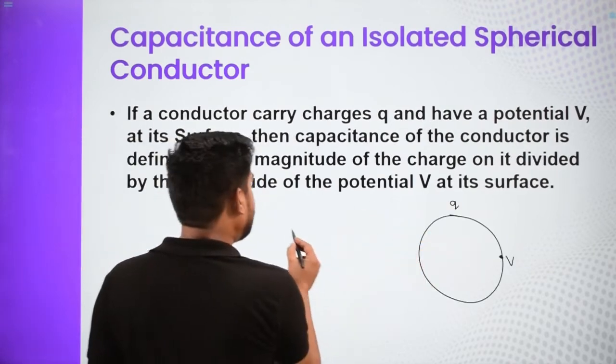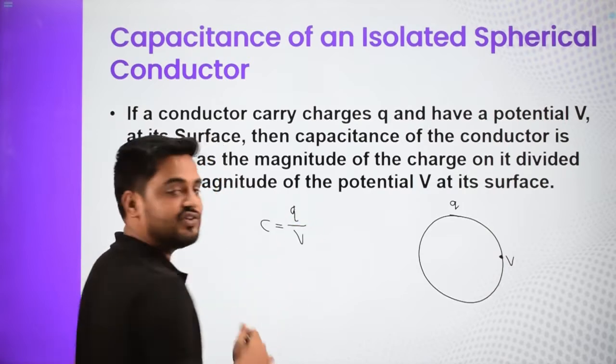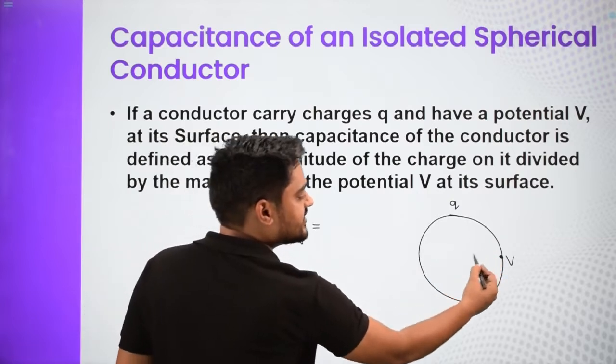Here we define our capacitance as Q by V. Now in electrostatics, we have studied how to find the potential of the surface of the conductor.